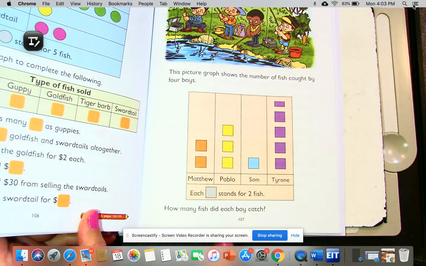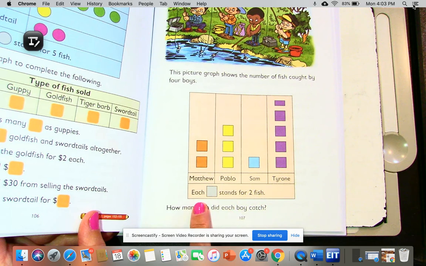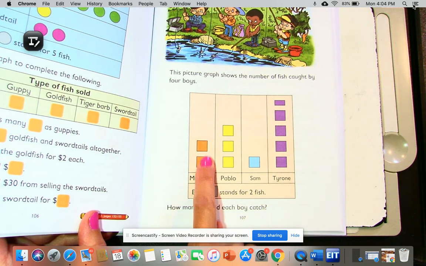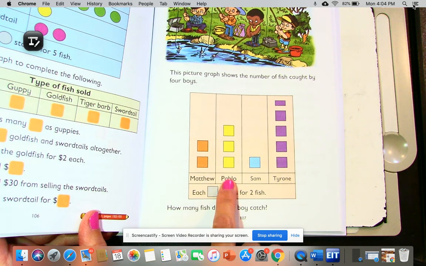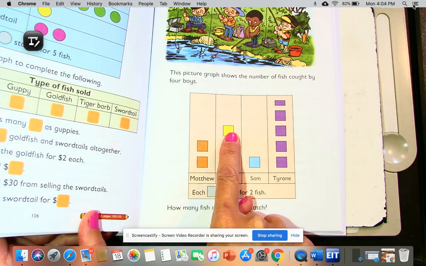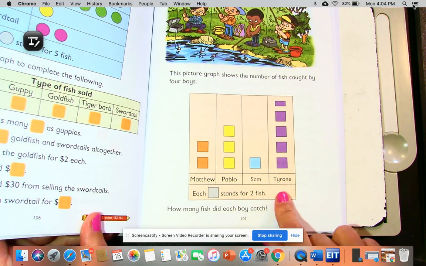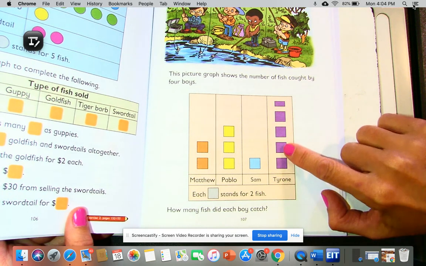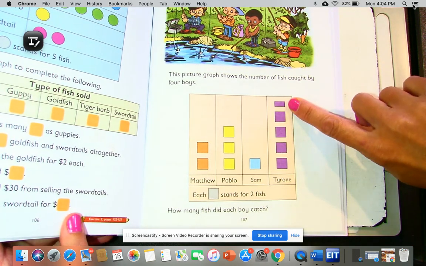But anywho, before we turn the page, it says each box stands for 2 fish. So we can see here that Matthew caught 4 fish. Pablo caught 6 fish. Sam caught 2 fish. And then Tyrone, now this is interesting because I can see the squares here, and then this one looks like a little tiny rectangle.